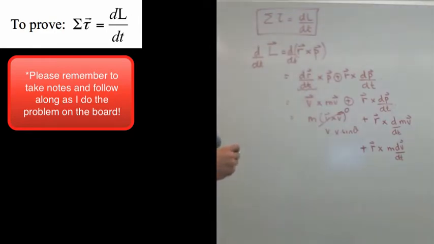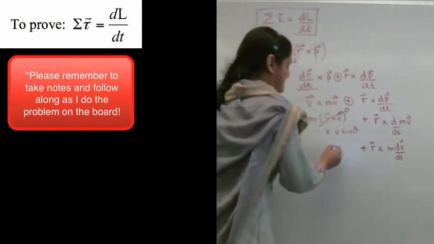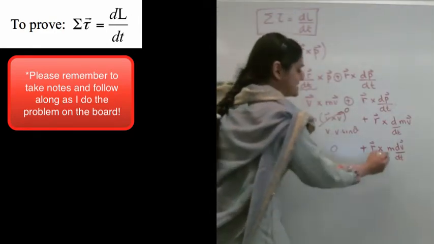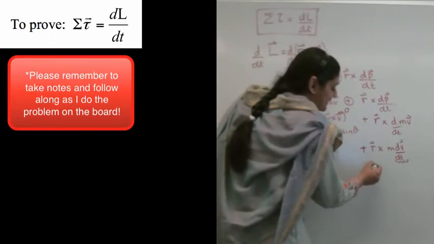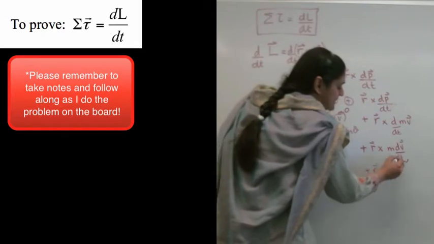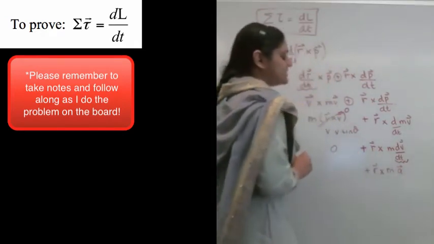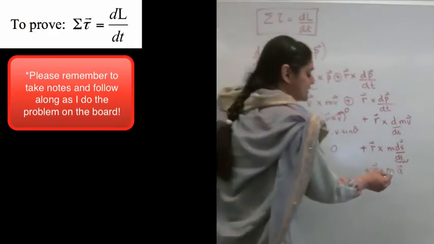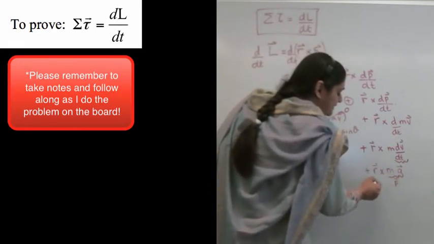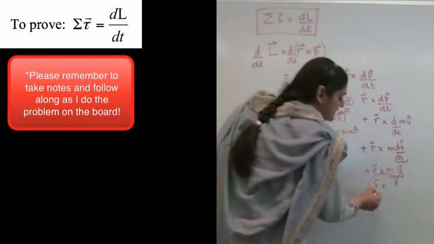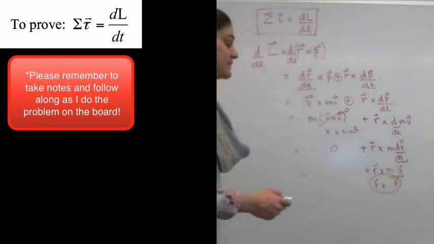What is dv over dt? This is the acceleration vector, so this is r cross ma, and ma is equal to force. So r cross F is the sum of the torques.